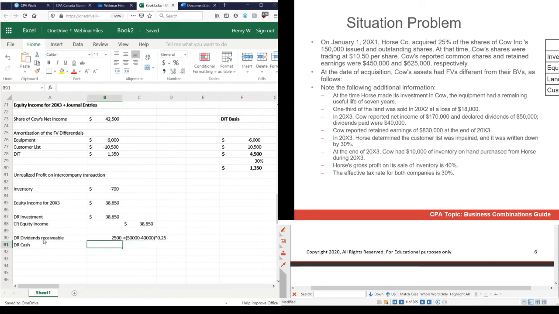And debit cash, 40,000 times 0.25. Again, I'm going to write that out. Credit investment.